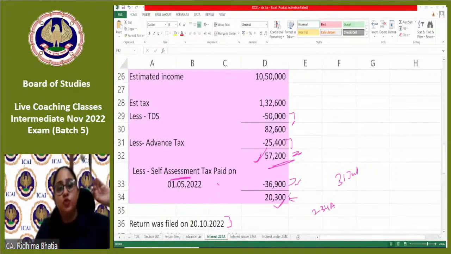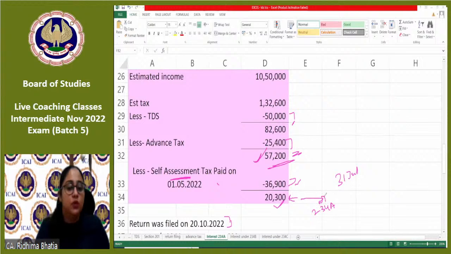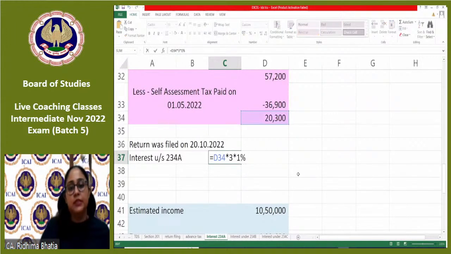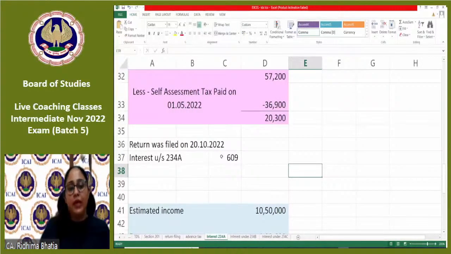On whatever tax is due after 31st July, interest would be applicable under section 234A. So on 20,300, according to 234A, I'll calculate the interest for 3 months. Is it clear? 609.